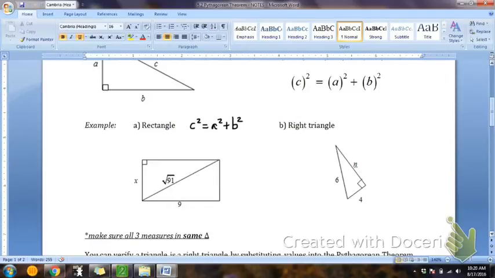So which one is the c value? It looks like square root of 91. This is interesting. Look, I have this triangle here that's a right triangle, but I don't know how much this side is, or do I? Do we know how much that side is?